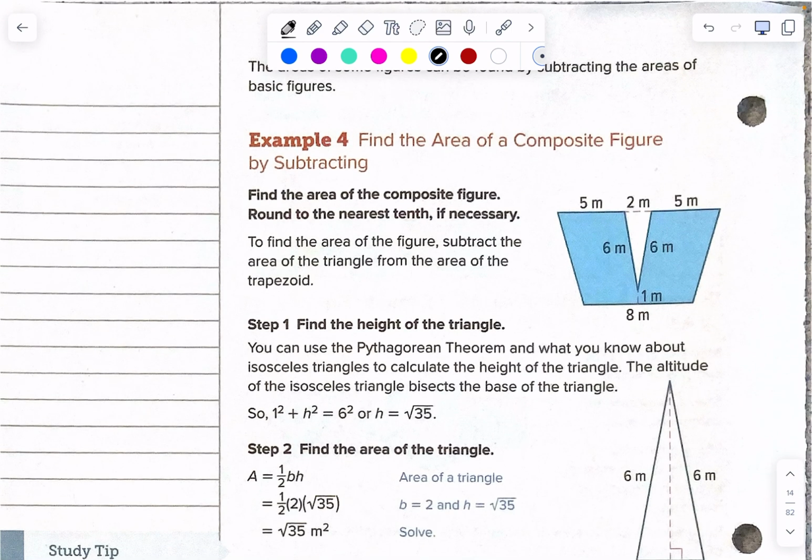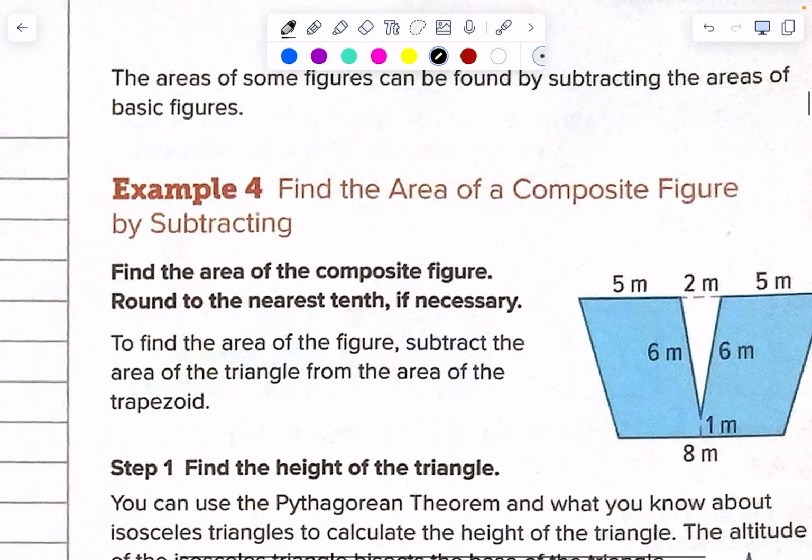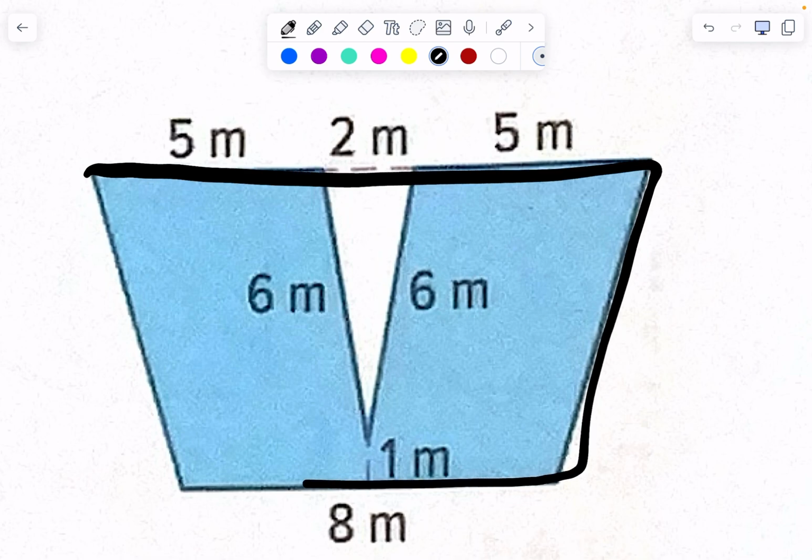Oh, by the way, one more thing. We're not going to actually do it, we're just going to talk through it. On example 4, how do we find the area of the blue region? You just take it like it's a normal trapezoid and then take the triangle. Yeah, so this is a composite figure with a piece taken out of it.